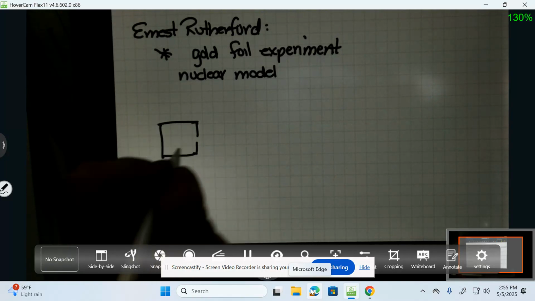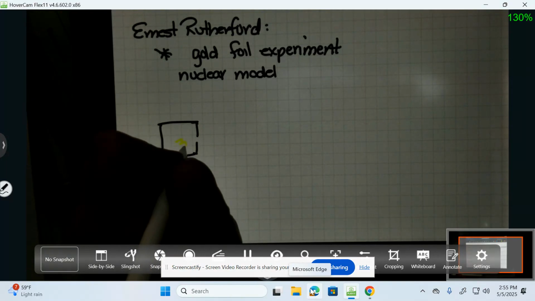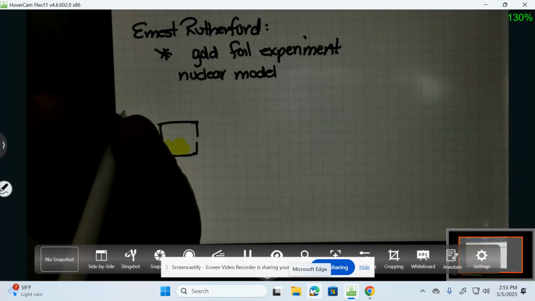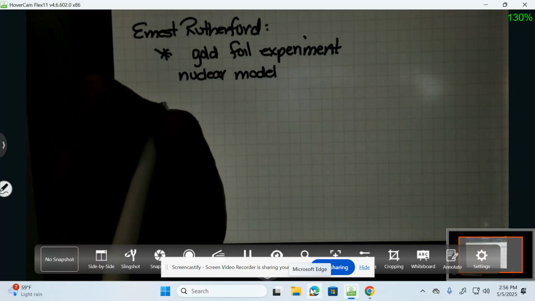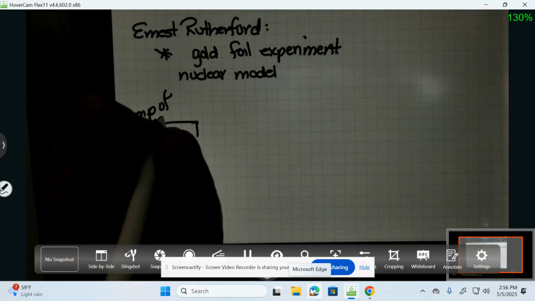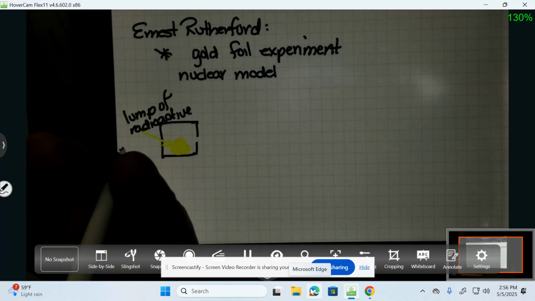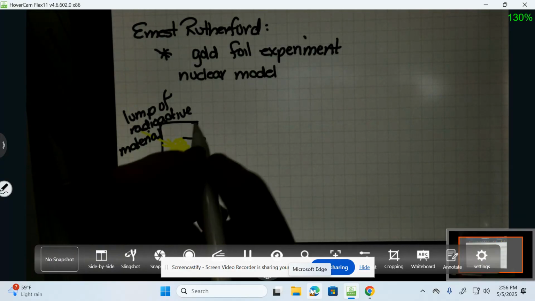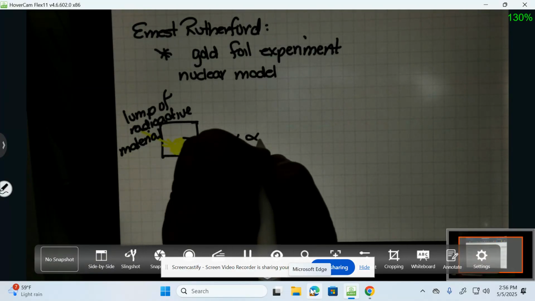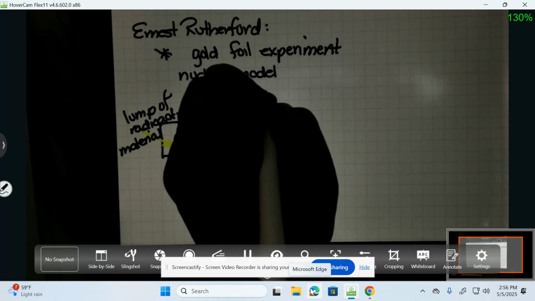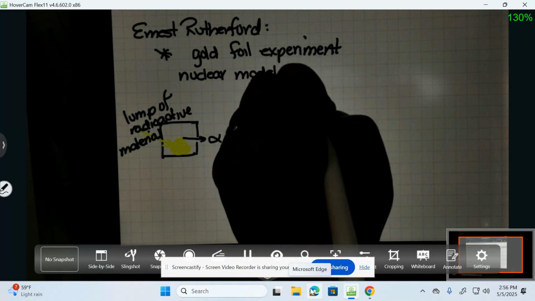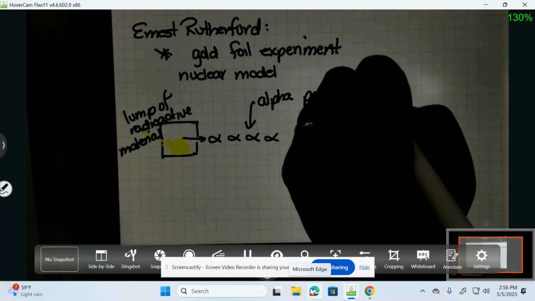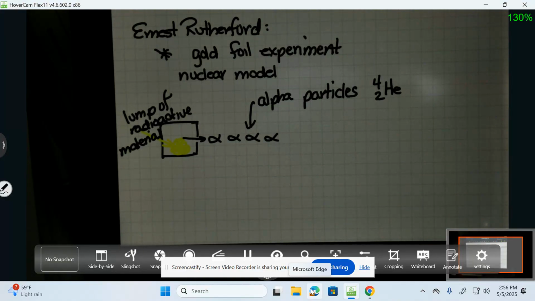He took a box, and in the box he had a lump of radioactive material. That lump of radioactive material gave out alpha particles. These are alpha particles. Alpha particles are nothing more than a helium, a 4/2 helium. That's what an alpha particle is.